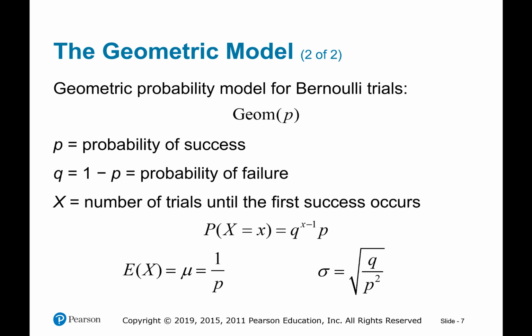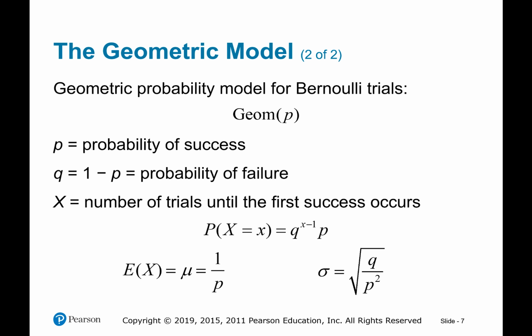X is our random variable, the number of trials until the first success happens. So that probability is going to be the probability of failure raised to the x minus 1 power times the probability of success.